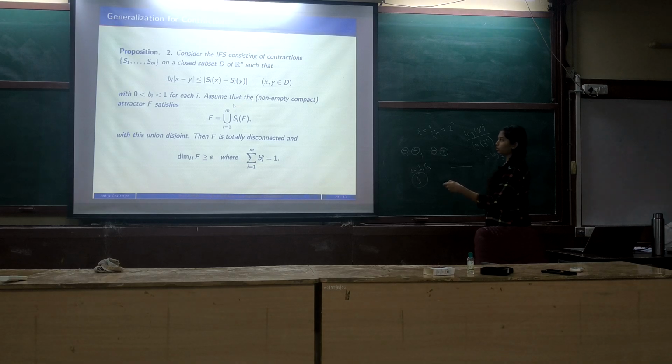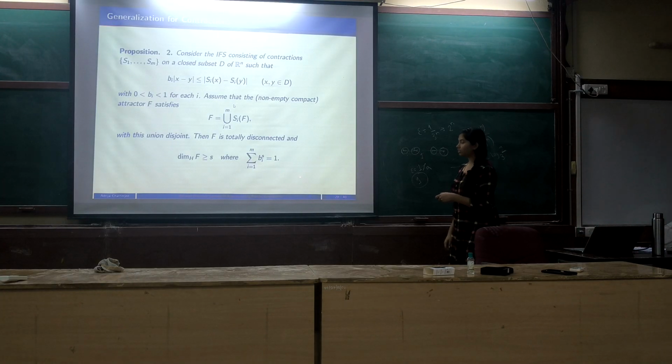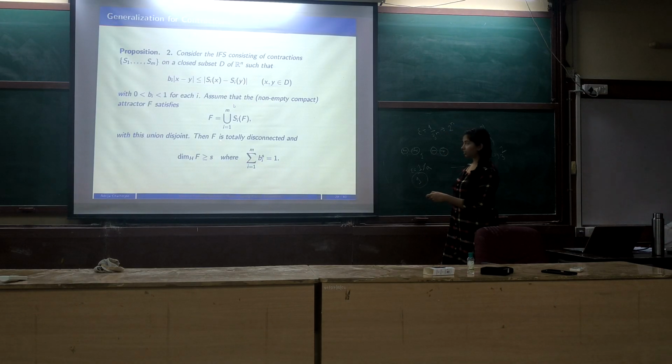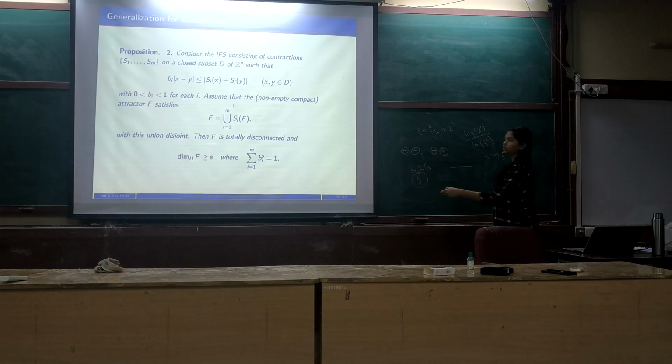It was originally less than or equal to Ci |x minus y|, but what if it's greater than or equal to Bi |x minus y|? So it's bounded below by Bi |x minus y|. In that case, the solution to summation Bi power s equal to 1 will give you a lower bound for the Hausdorff dimension, with the added fact that F is totally disconnected.